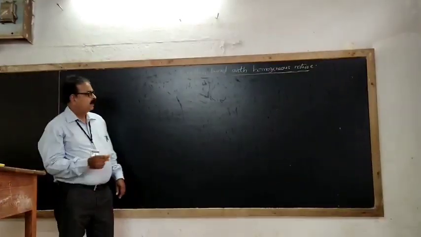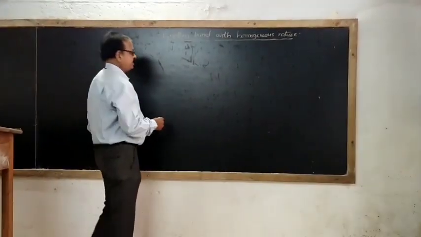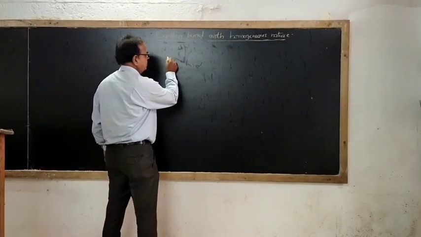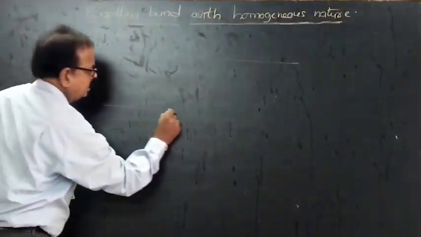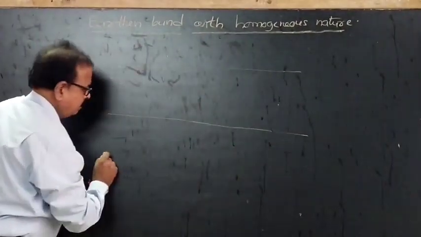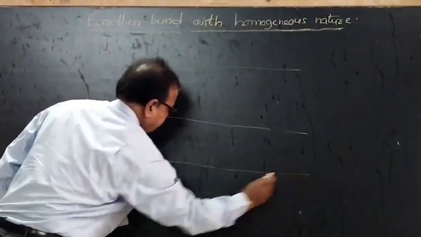So remember, it contains different levels. First we start with lines. Minimum 5 lines we have to take.